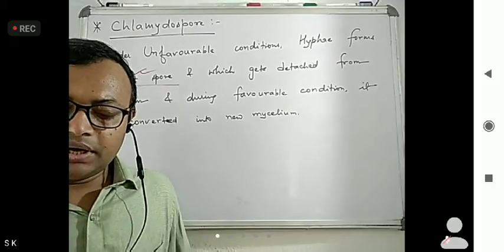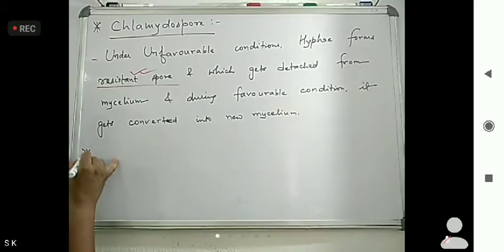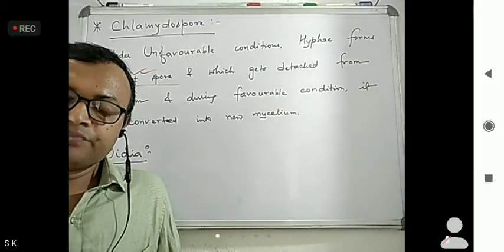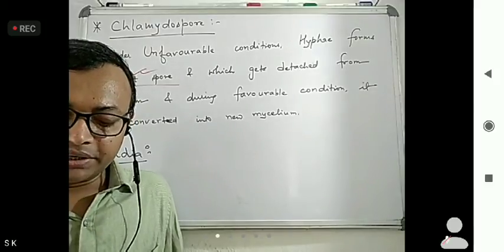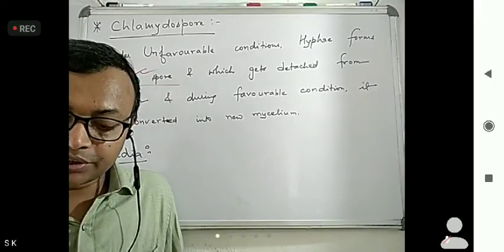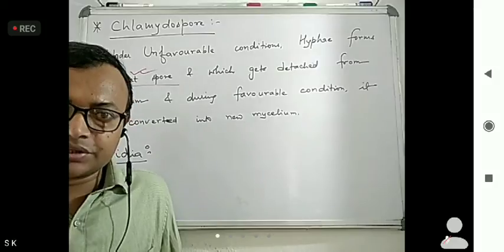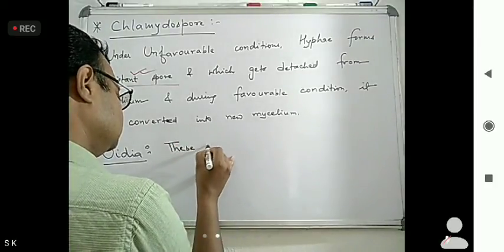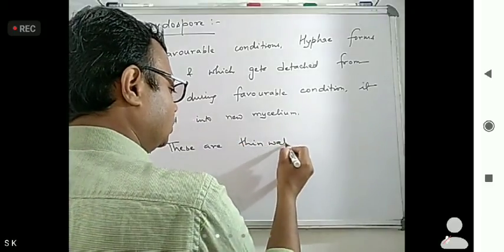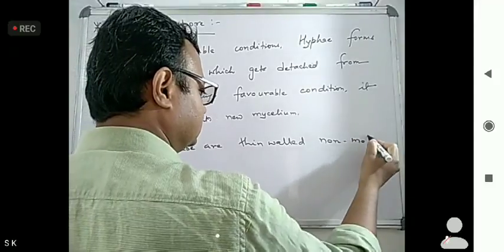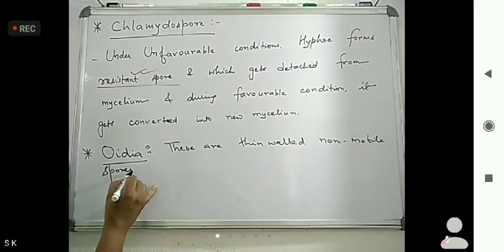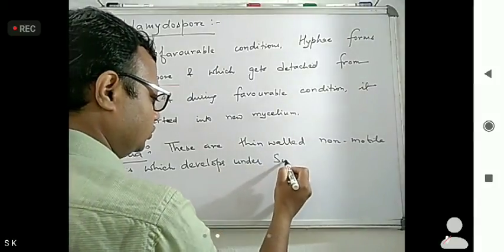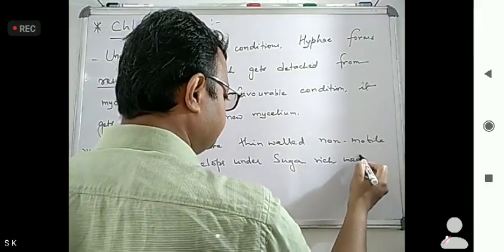Now, the last one is oidia. Oidia are also non-motile, thin-walled spores, but they develop under sugar-rich conditions.